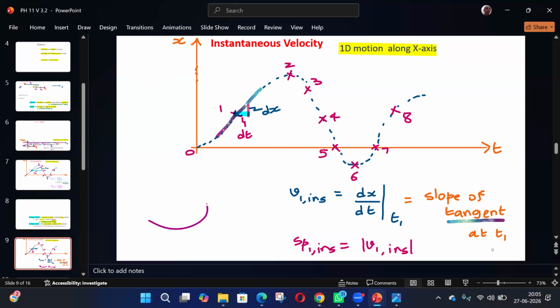See, even if we take a circle, this is the chord or the secant, right? When these two points come closer and closer, say this is the final point, the secant will become like this. In the limiting case, the secant, or the chord, will become a tangent.